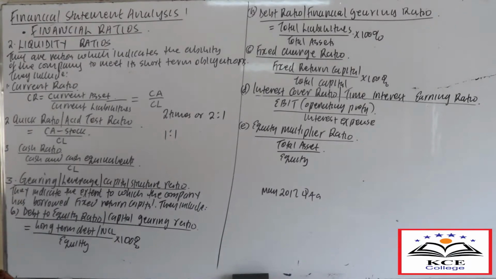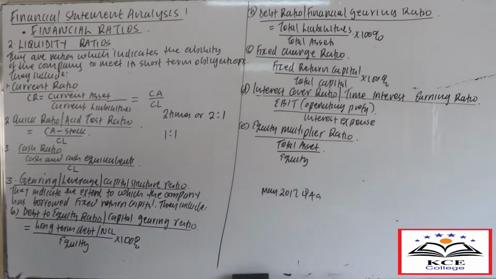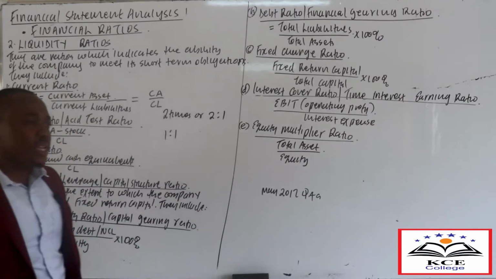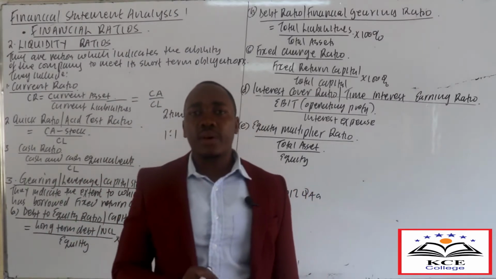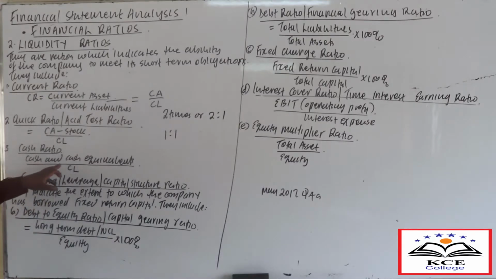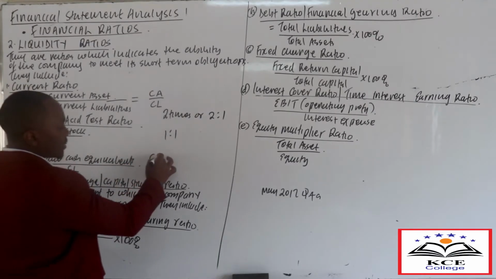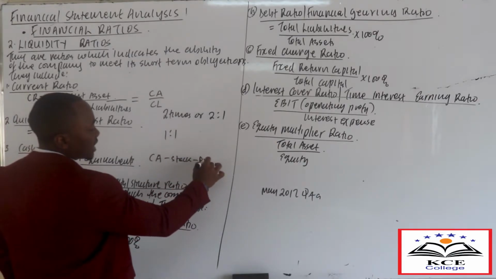And then number 3, lastly, we have the cash ratio. The cash ratio shows the number of times the current liability can be met from the most liquid asset in the company, that's the cash and cash equivalents. So how do you determine the cash ratio? You take the cash and cash equivalents and divide by the current liability. The cash and cash equivalents are the current asset less stock, less debtors.